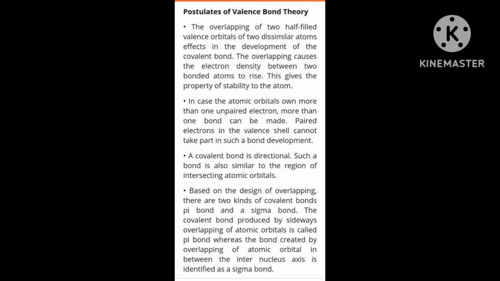Then these hybridized orbitals are allowed to overlap with ligands. Correct? After this, you got hybridized orbitals of equivalent energy having definite geometry. After that, what will happen? These orbitals are allowed to overlap with ligand orbitals that can donate electron pairs for bonding.